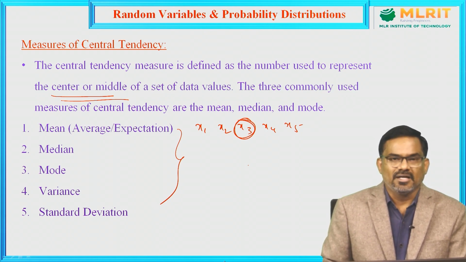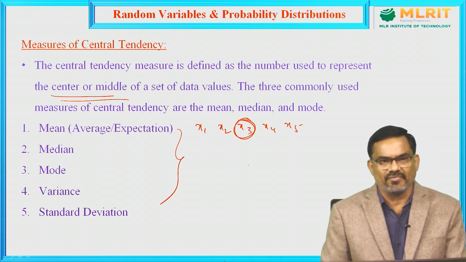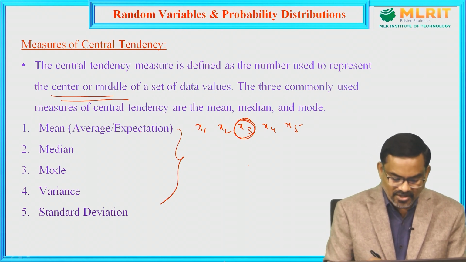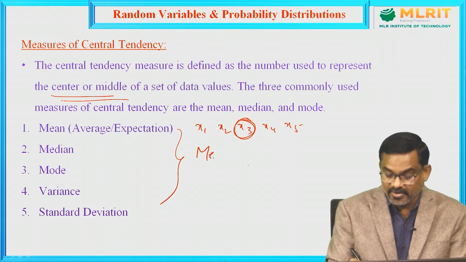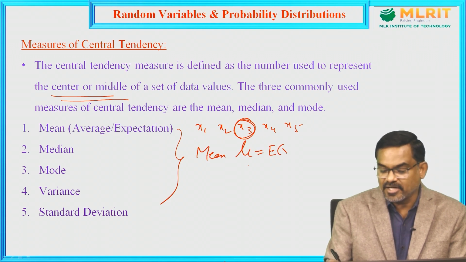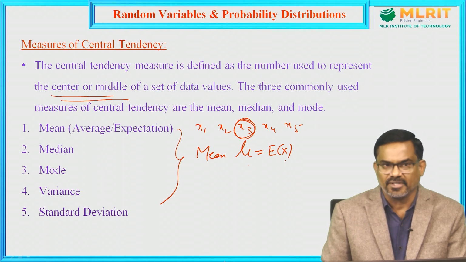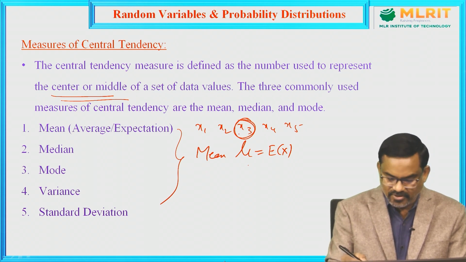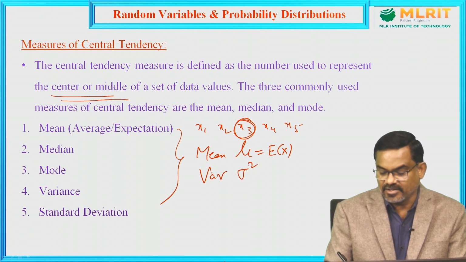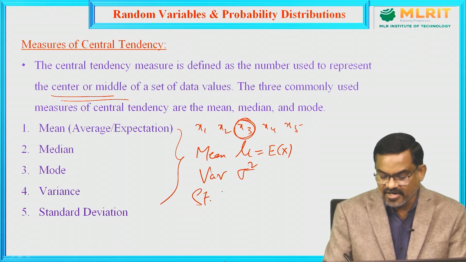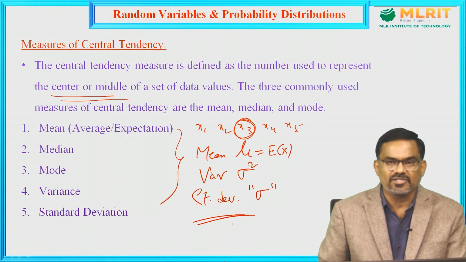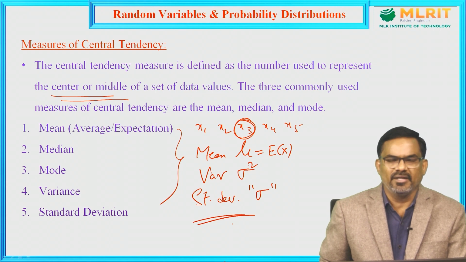We can find the mean or average or expectation of the random variable capital X. Similarly, variance of X, standard deviation of X. The mean is denoted by mu or expectation of X or expected value, E of X. Median and mode we can calculate, and variance is denoted by sigma square, and standard deviation is the positive square root of variance, denoted by sigma. In the next session we are going to define these central measures, and then we calculate mean, median, mode, variance, standard deviation for the given probability distribution also.